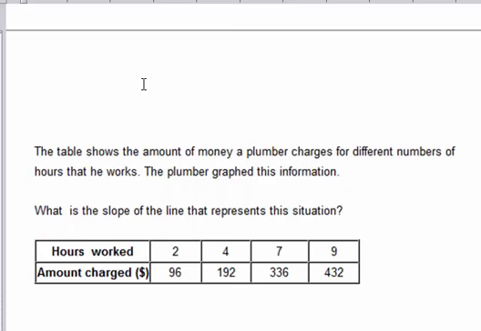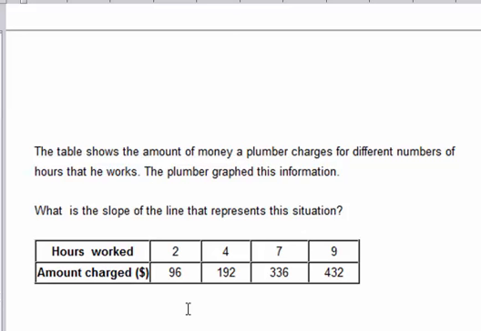So here the table shows the amount of money a plumber charges for a different number of hours that he works. So you want to graph this information, and they want to end up with the slope of the line that it represents. So if you take 96 and divide it by 2, you get 48. If you take 192 and divide it by 4, you also get 48.